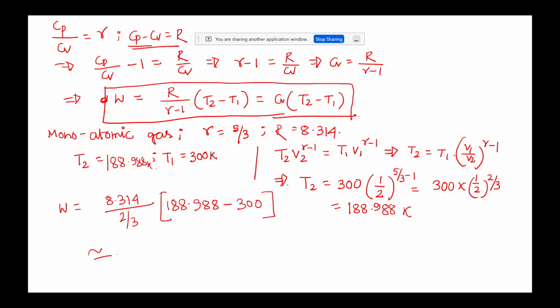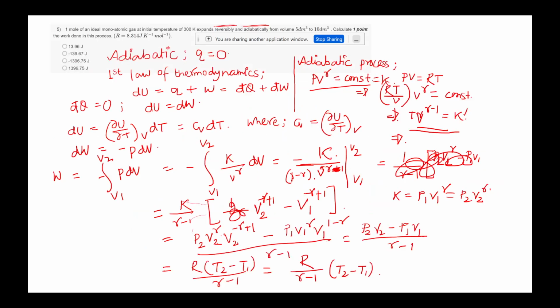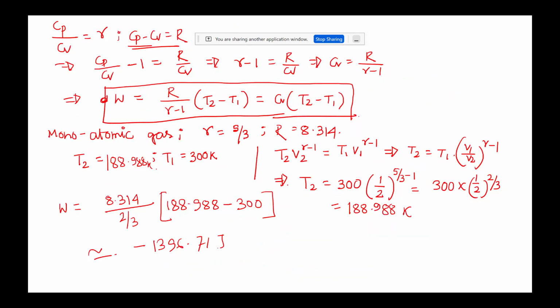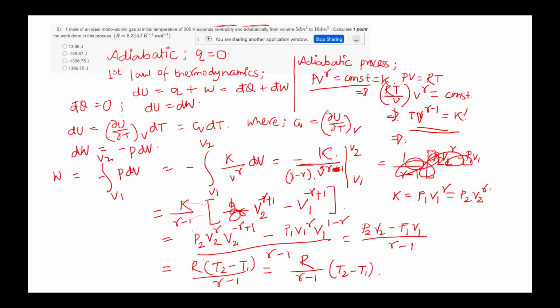If you do the calculations, this will be nearly minus 1396.71 joule. So this will be the correct answer.